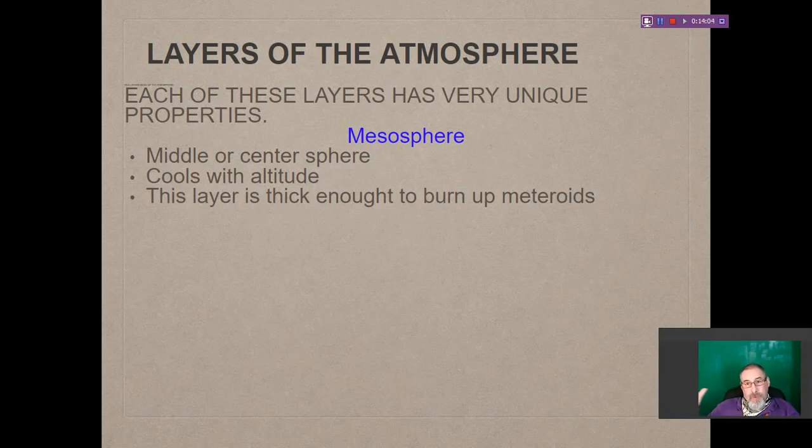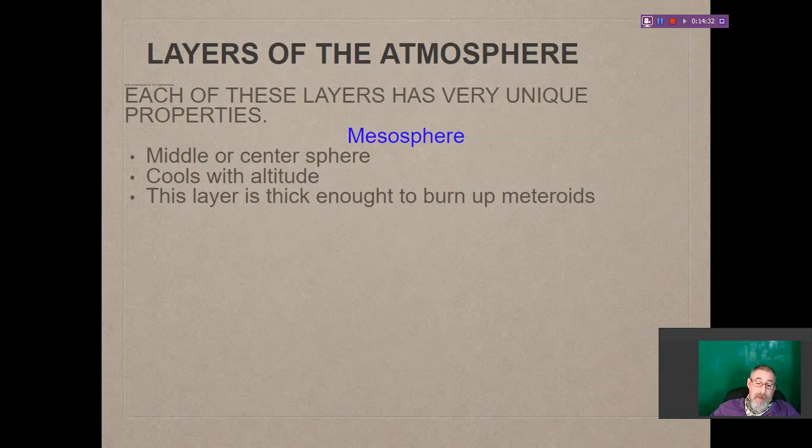It was superheated in the thermosphere, it hits the mesosphere, and the air is much denser. There's much more resistance. There's a lot more friction. So that's what's causing this rock to heat up and start to burn. So we can see the meteoroids when they're in the mesosphere. This is also a very cold layer.